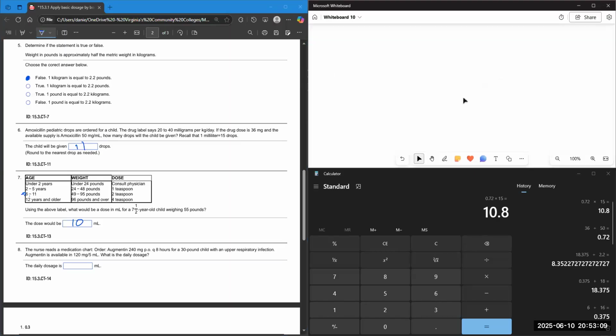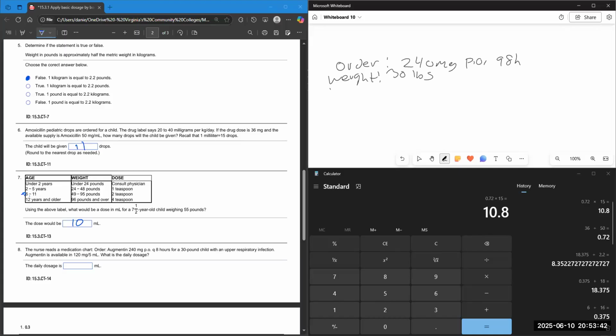And now let's read this last problem carefully. You'll see that they give you some extra information. So a nurse reads a medication chart, order Augmentin, 240 milligrams by mouth every 8 hours. That's what that means. The weight of the patient is 30 pounds.